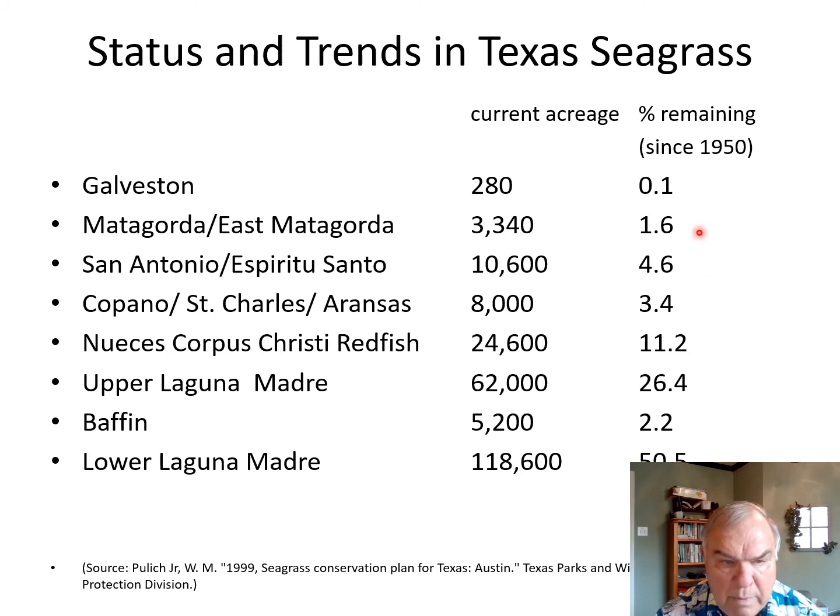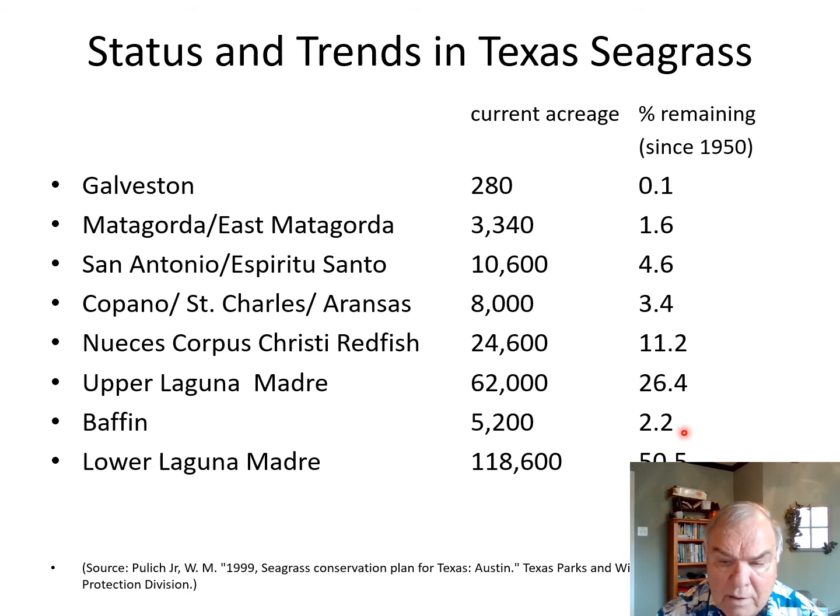Again, not much better in Matagorda, San Antonio, Copano, a little better in Aransas, Upper Laguna Madre considerably better, but not much development, very little inflow from rivers, well, no inflow from rivers, and not that much from surrounding land areas.